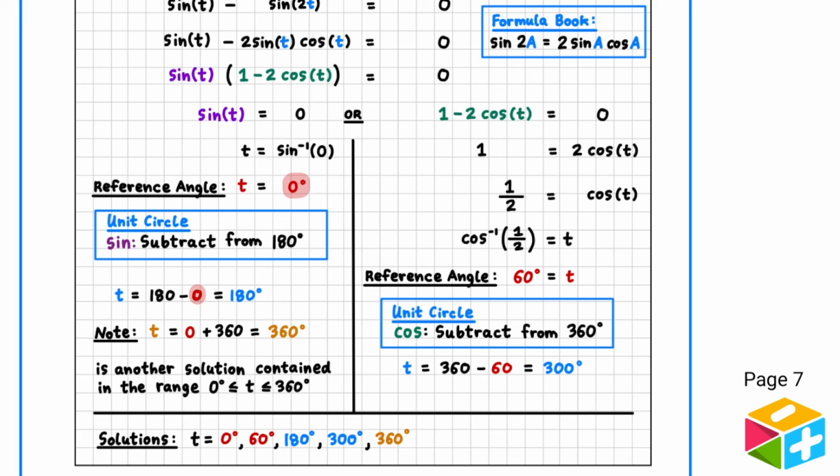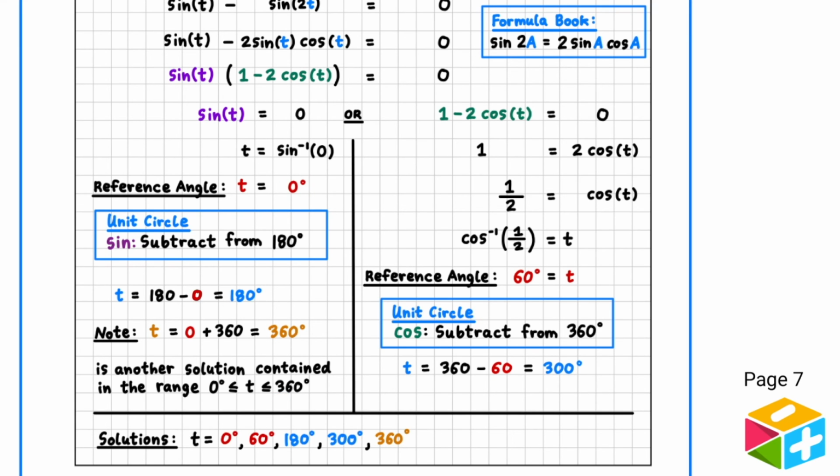We found that t equal to 0 degrees is a solution, so 0 plus 360, which is 360, is also a solution. This will have to be included because 360 degrees is contained within the given interval.